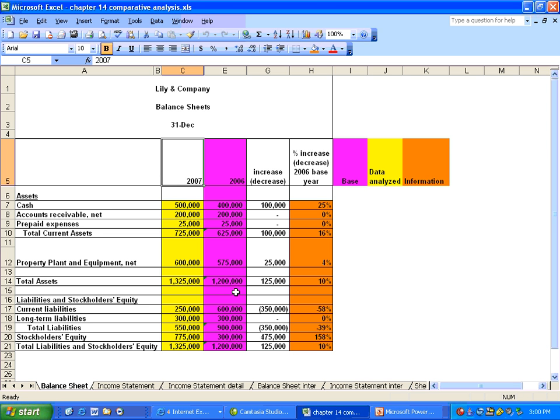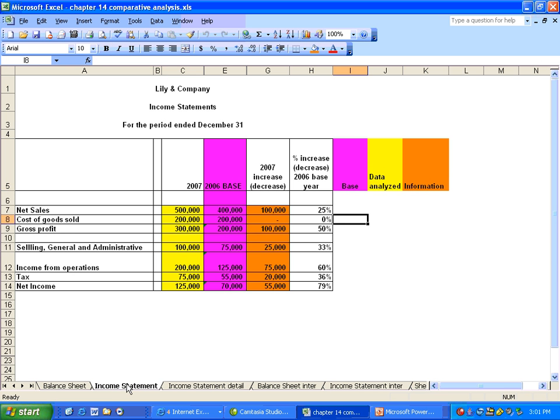So by doing this, looking at the balance sheet, we get little bits of information: we had a 25% increase in cash, for example, and our current liabilities went down by 58%. Maybe we used some of the cash to pay off some of the liabilities, and that's a possibility. It's certainly one place that we could start performing further and deeper analysis.